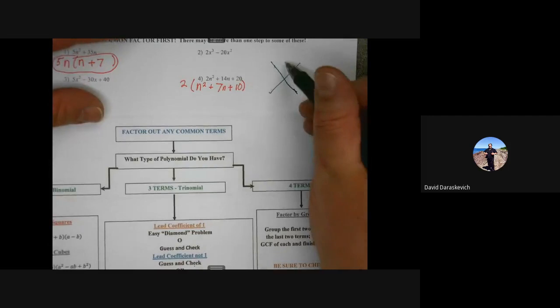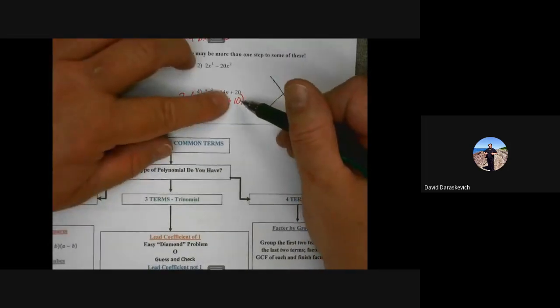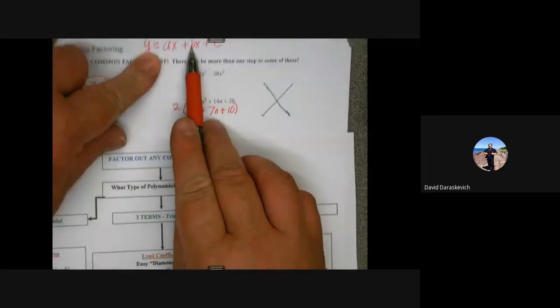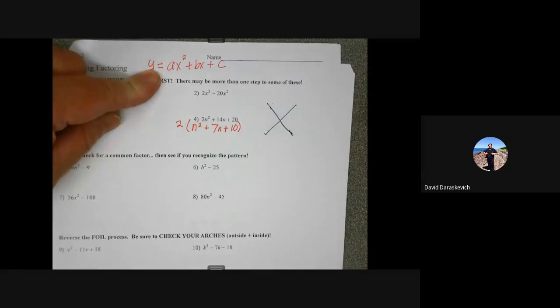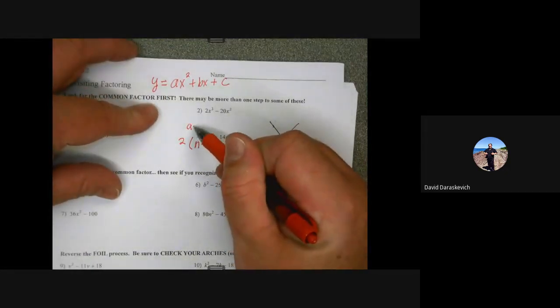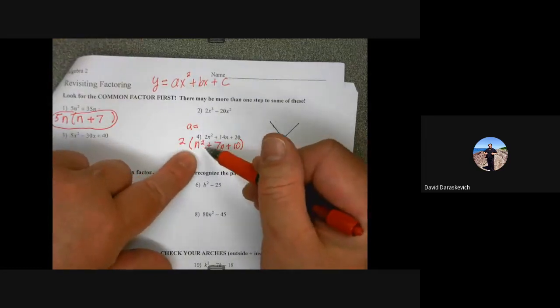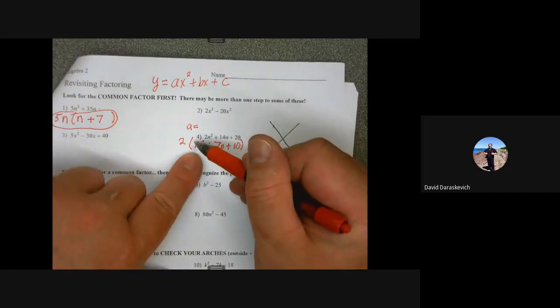Okay, this section here, now that's our C. Remember, we have an A, B, and a C, right? I'm going to get rid of this. So my A, now be careful here because I screwed this up in my first hour. I'm using this trinomial, not this trinomial. Okay, so my A here is 1.